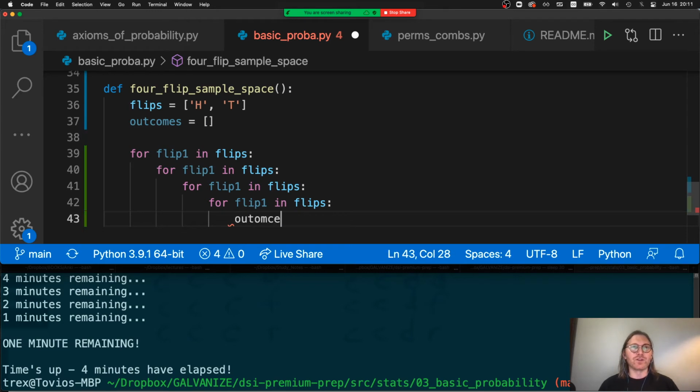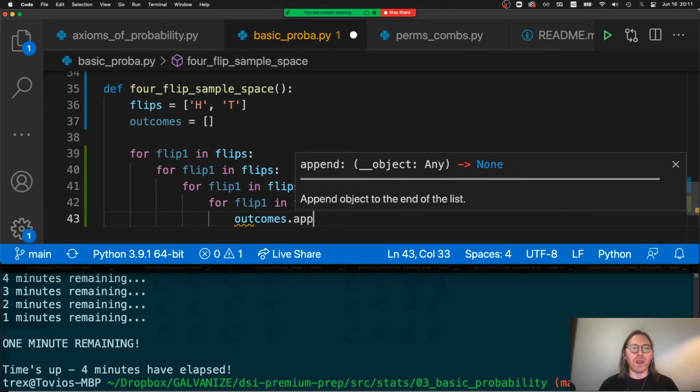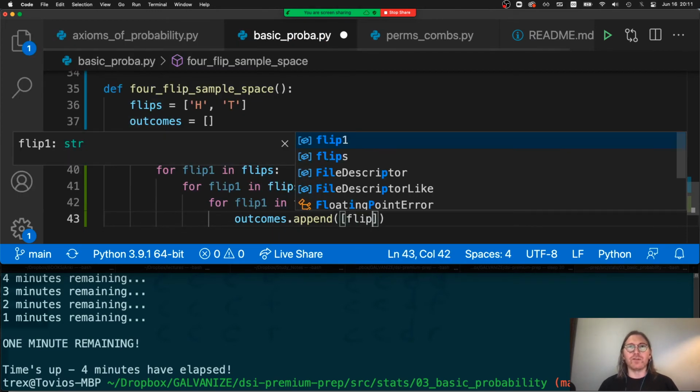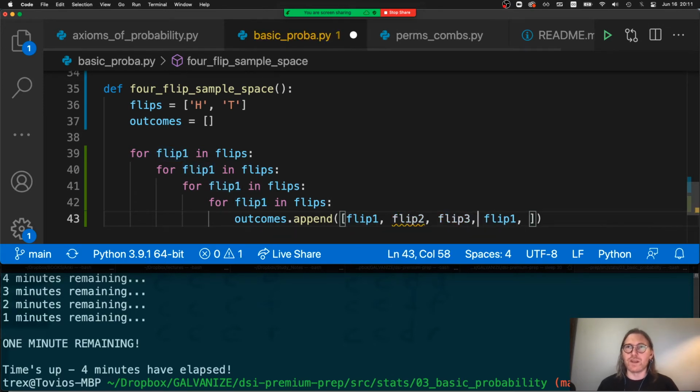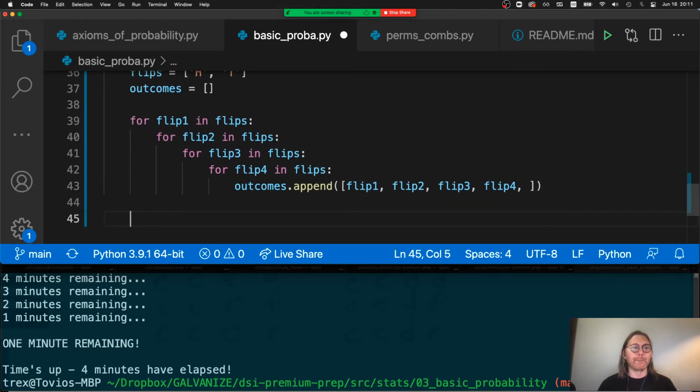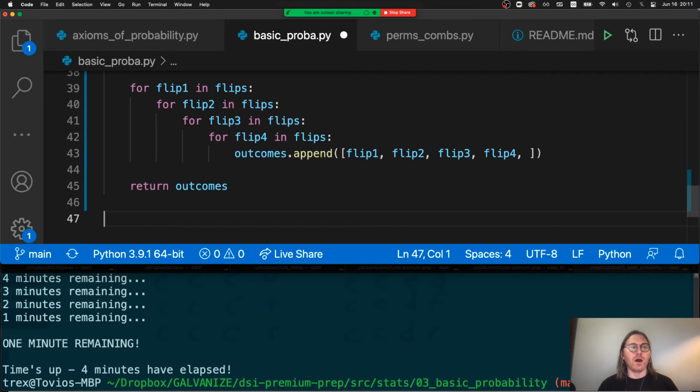And for each of those, we can say outcomes.append, and we'll append flip 1, flip 2, flip 3, and flip 4. Of course, I have to update all these names. So that one is 4, that one is 3, and that one is 2. Okay. And then we can just return the outcomes like that.